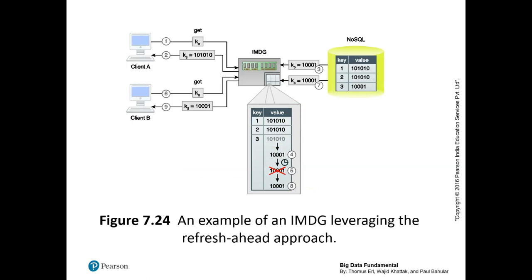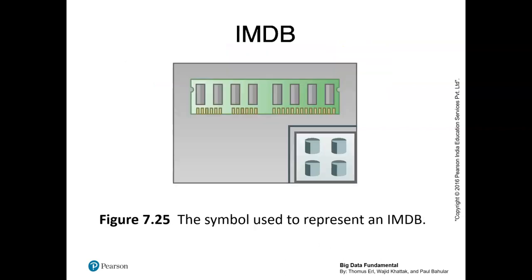And leveraging the refresh-ahead approach. Usually some mistakes happen when there is an update operation, a delay in the update, or the new operation has not been updated. We have the ACID properties in normal SQL. Similarly, we have different properties, the BASE properties, in big data. That will also be discussed in the next chapter.